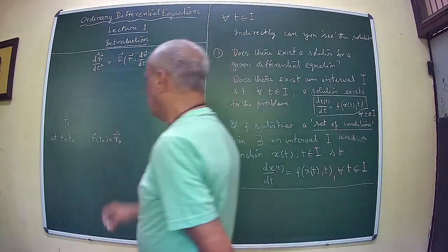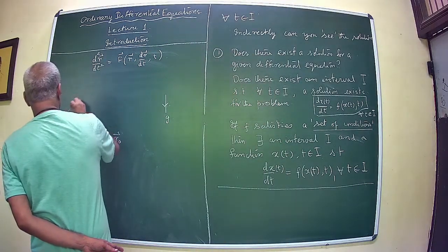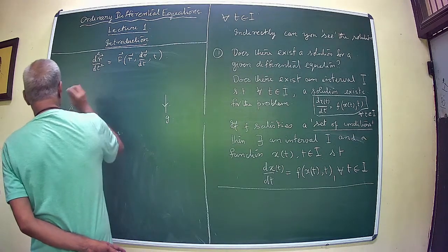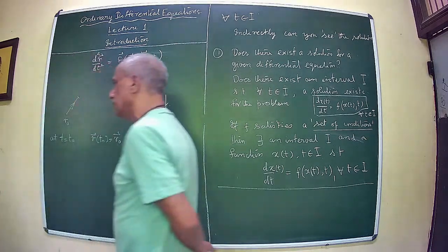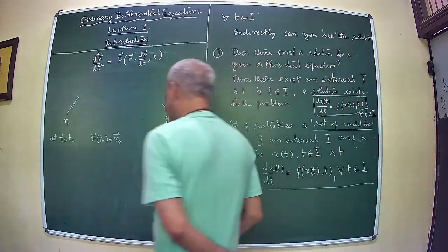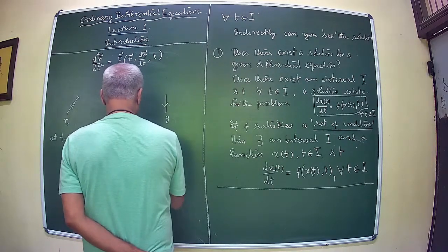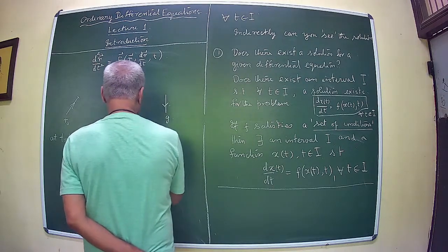But now at the same time you throw the stone. When you throw the stone, you are imparting a certain velocity, and assume the velocity is v0. v0 is the initial velocity.